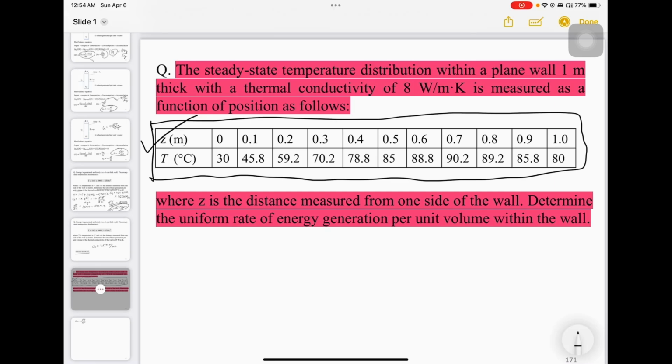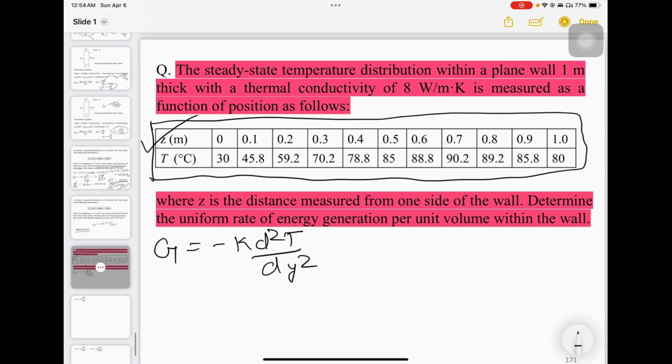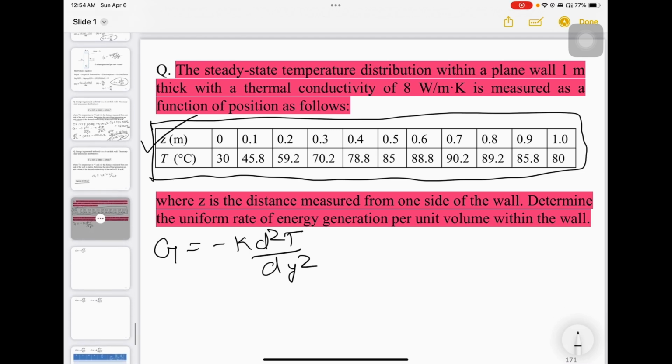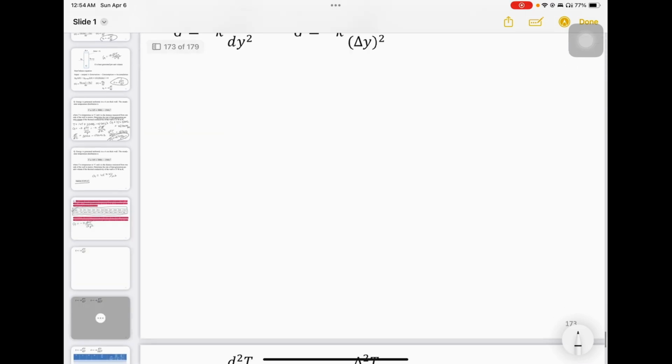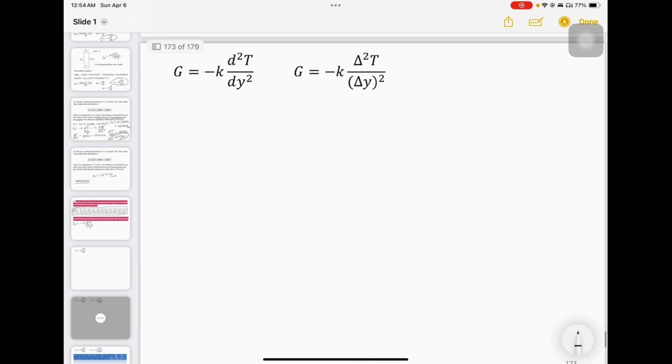Determine the uniform rate of energy generation per unit volume within the wall. Now, we have already calculated the formula of heat generation, which is minus k d square T by dy square. As the table is given, we can write this in the difference form.